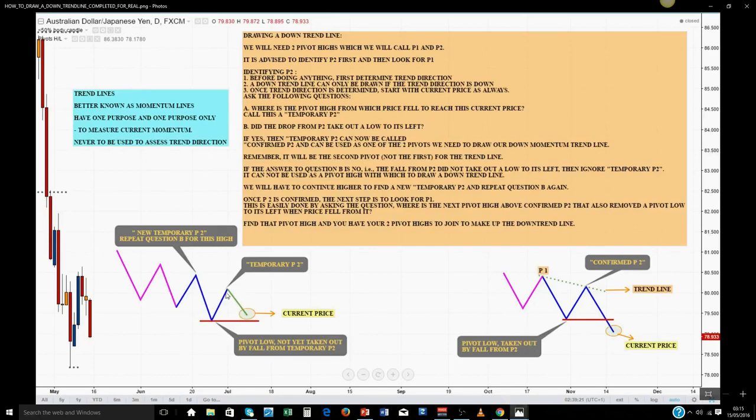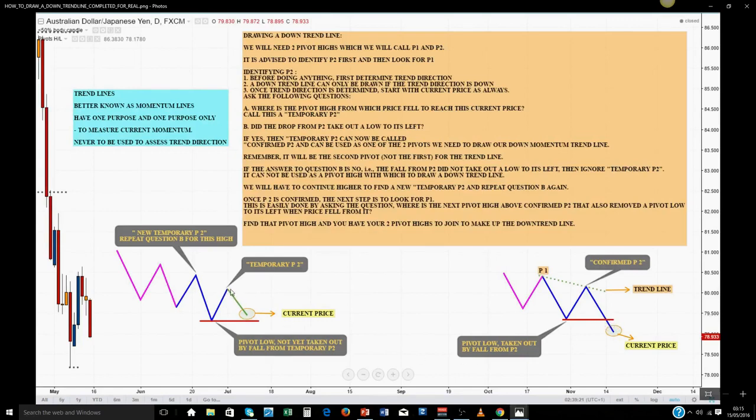Why? Because this drop, this green line, this drop from this high has not taken out this low, and I've deliberately put that red line there to show you where that low is. So this drop from this temporary high has not taken out this low, like you see it was taken out on this one, which we'll come to next.